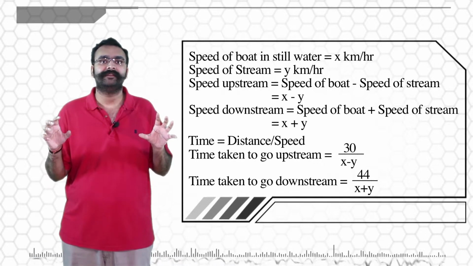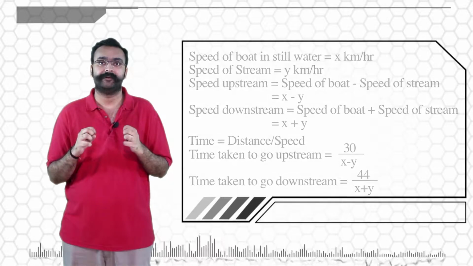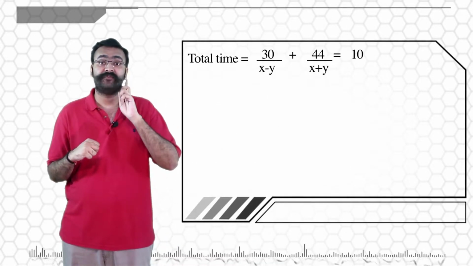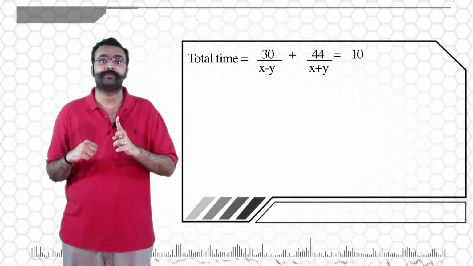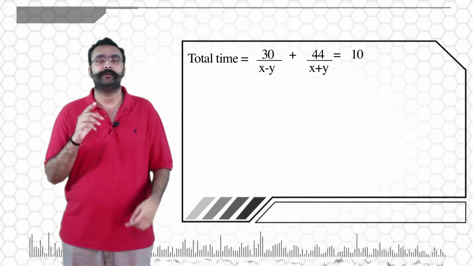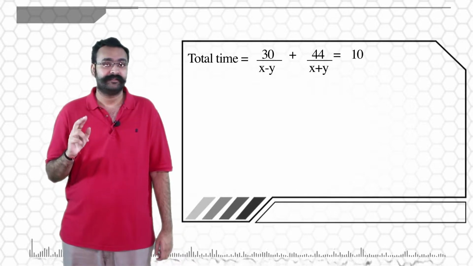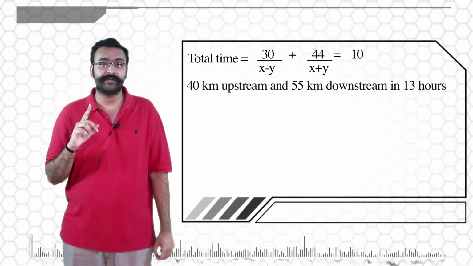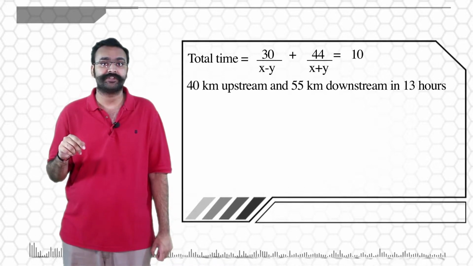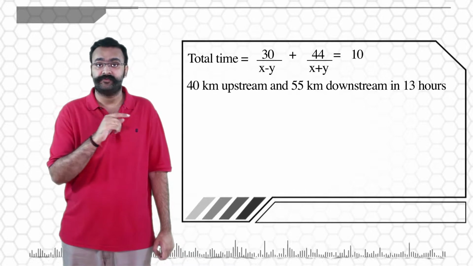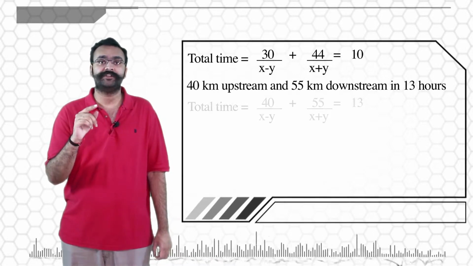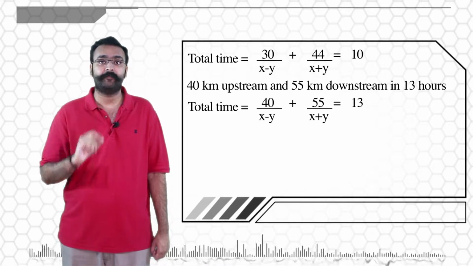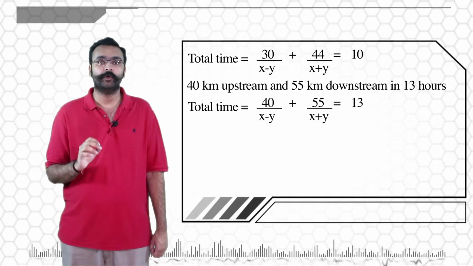So for total time we add these two together: 30 upon x minus y plus 44 upon x plus y is equal to 10, because it takes 10 hours. Similarly, in the second case, we went 40 kilometers upstream and 55 kilometers downstream in 13 hours. Following the same logic, the equation is 40 upon x minus y plus 55 upon x plus y is equal to 13.